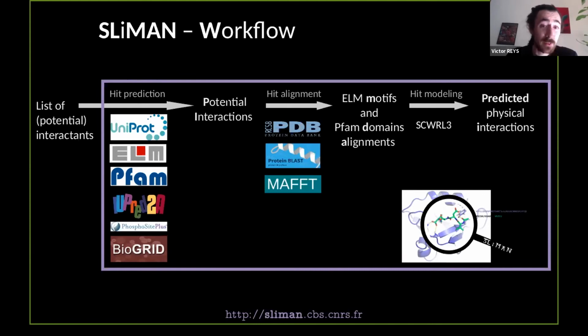Then with this, we can proceed to the sequence-to-structure alignments using PDB templates and appropriate software like BLAST or MAFFT. Using the alignments and the templates, we can then proceed to the homology modeling using SWISS-MODEL to generate models and to predict the physical interaction.